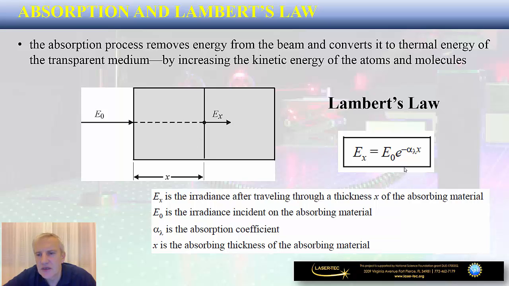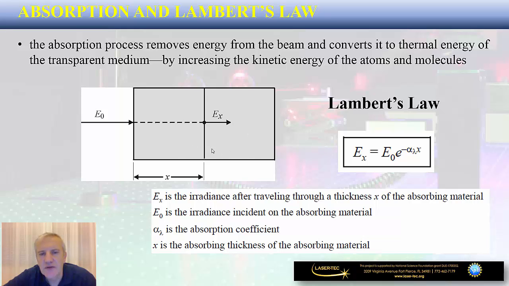What you see is the factor on the right-hand side that has two quantities in an exponent. One quantity is alpha, the so-called absorption coefficient. The absorption coefficient quantifies the absorptive properties of a material.